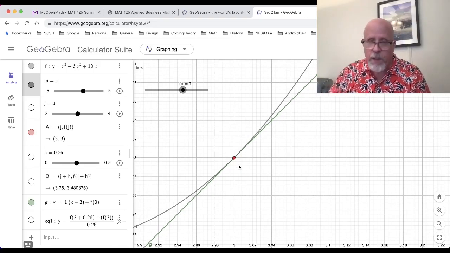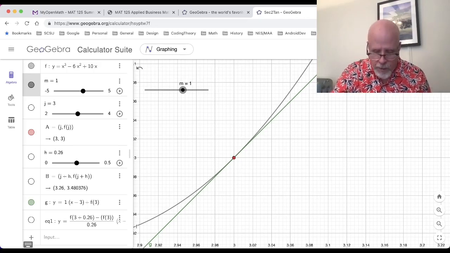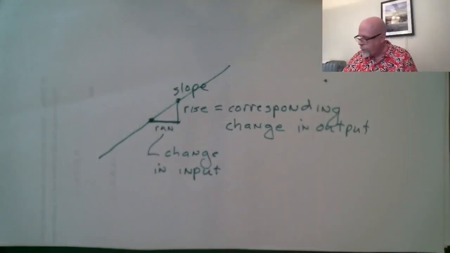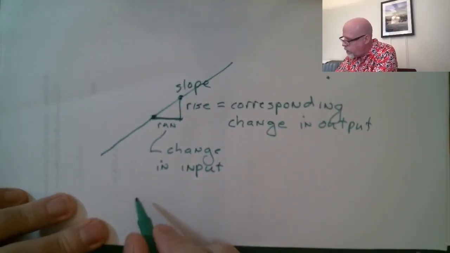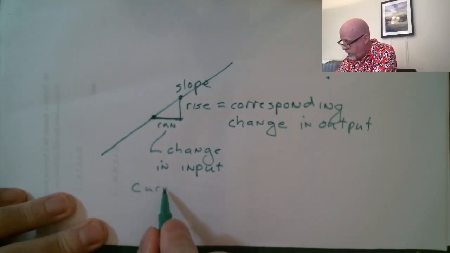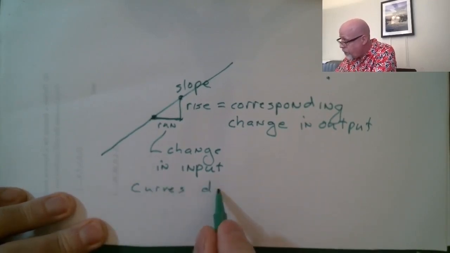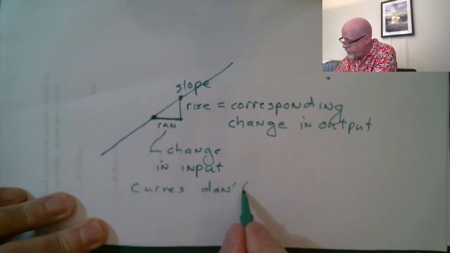So let me go back to the DocCam view here. Curves don't have slopes, but they do have tangent lines, usually.